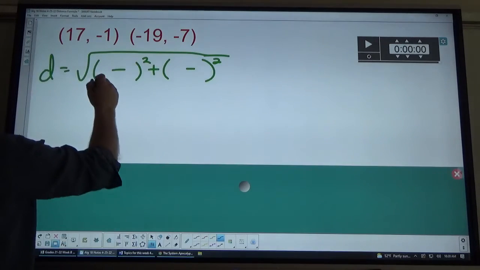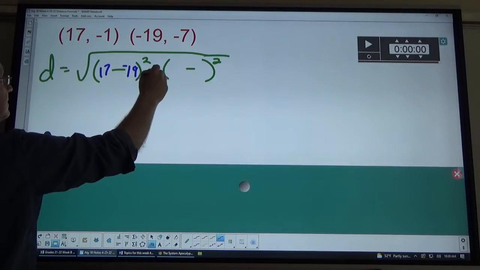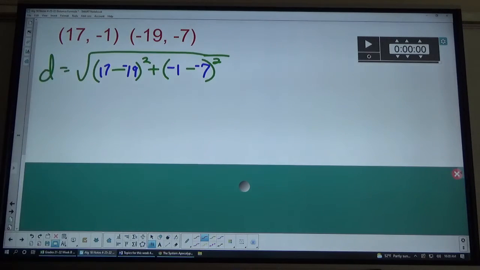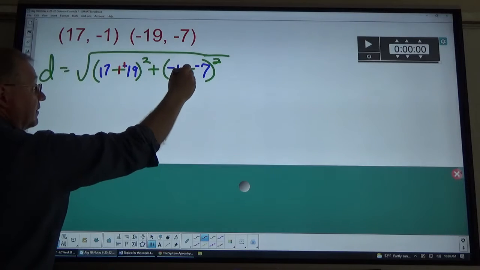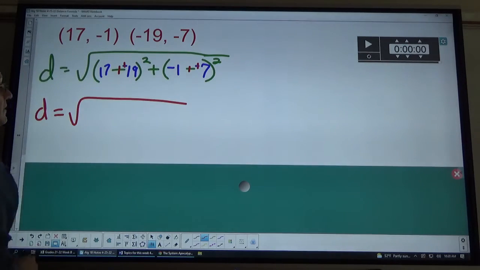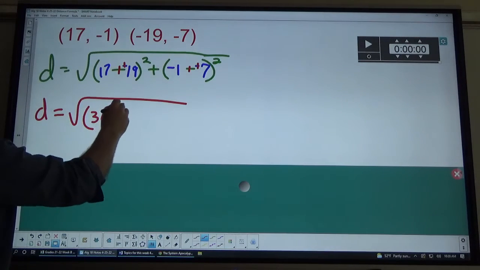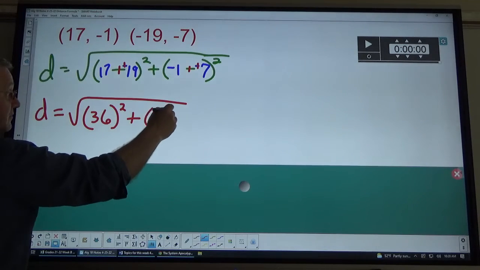And we're going to fill it in with 17 and negative 19, negative 1, negative 7. Subtracting a negative is adding a positive, both there and here. 17 and 19, that's 36 squared. And this would be positive 6 squared.